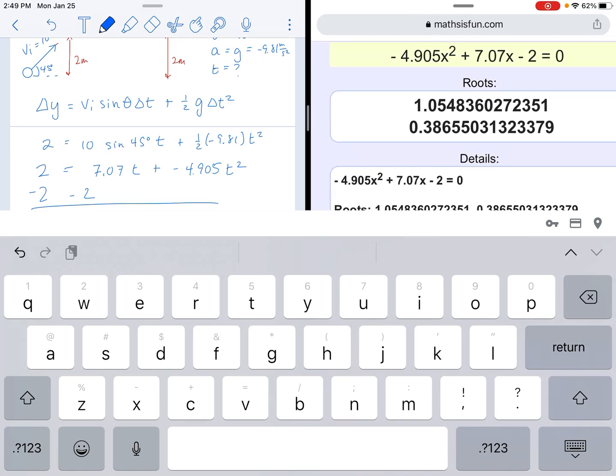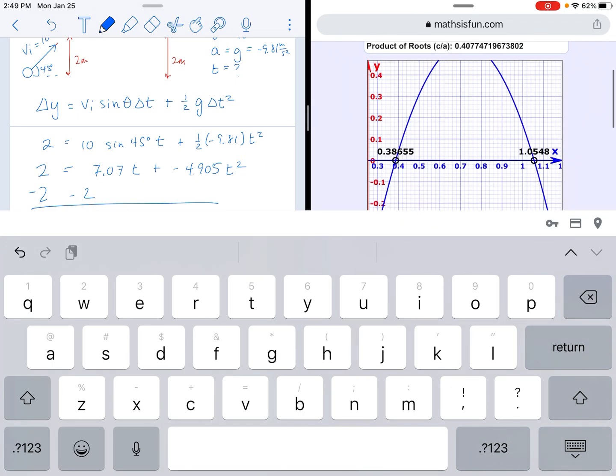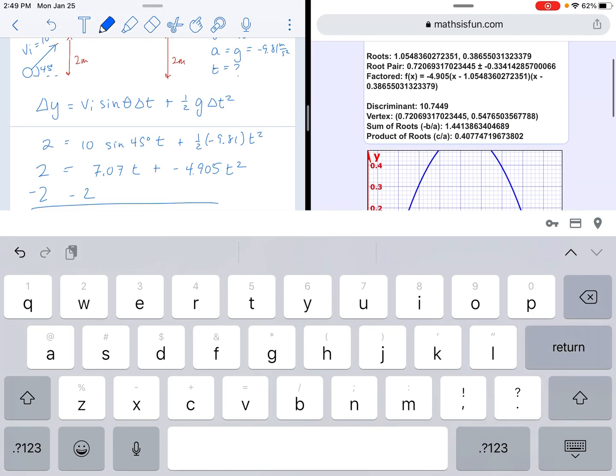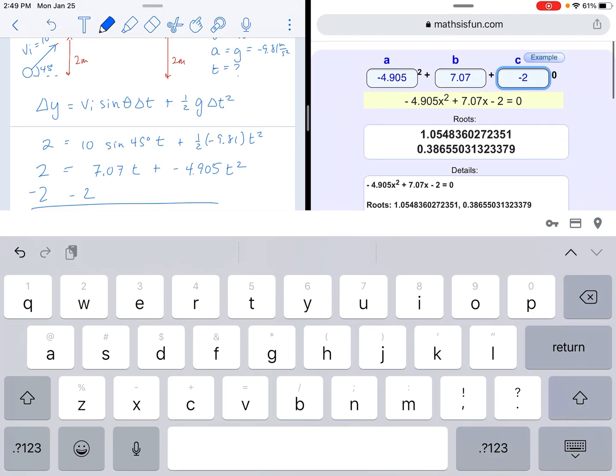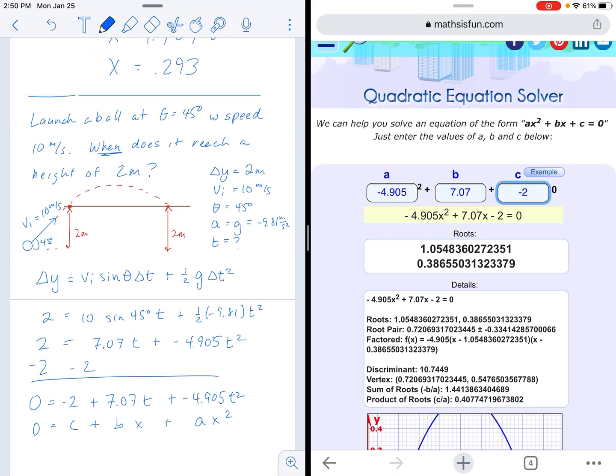All right, so I've got 2 roots here, 1.05 and 0.38. And let's look at this picture. The roots again are where the parabola crosses the x-axis. But in this problem, what the roots mean is when the ball gets to 2 meters above my hand.